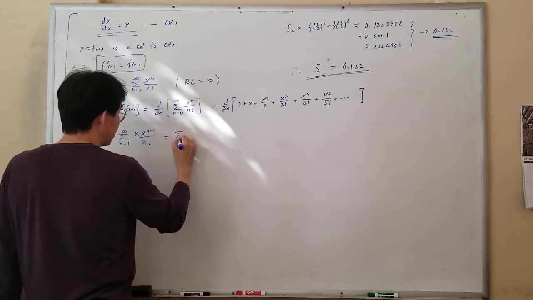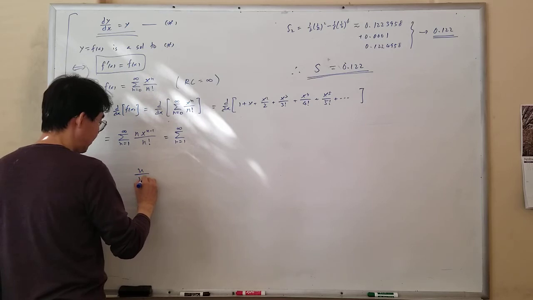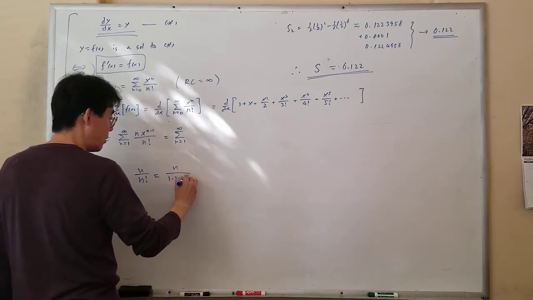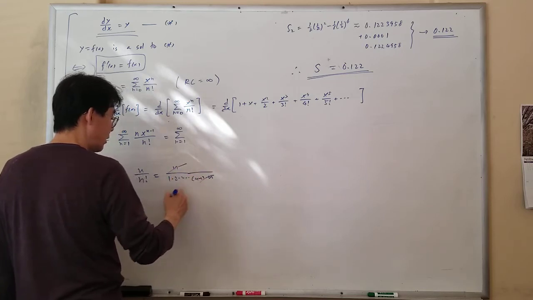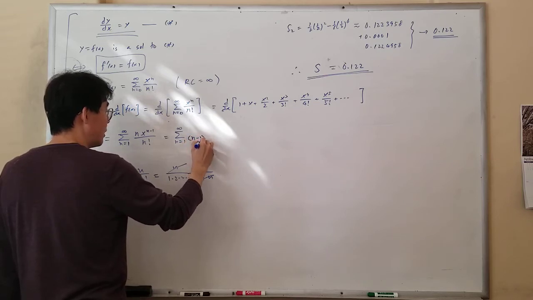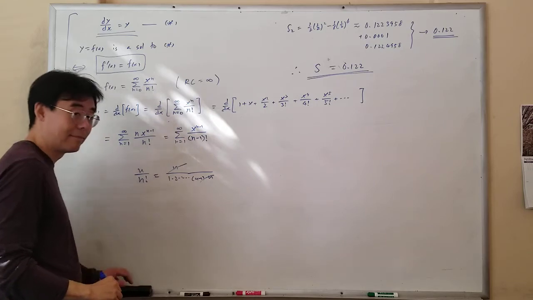Okay, which means, n over n factorial, what is it? n minus 1 times n cancel. n minus 1 factorial is remaining, right?